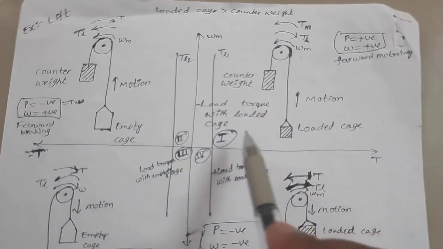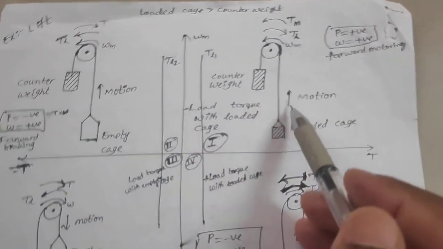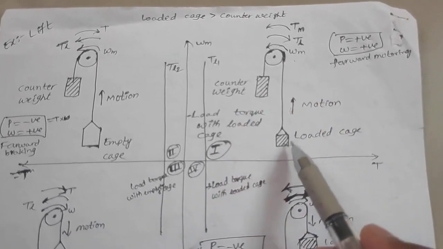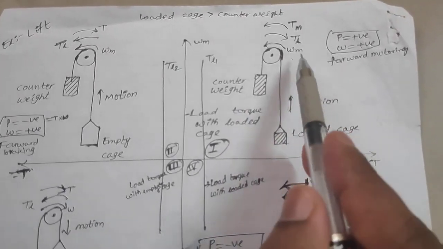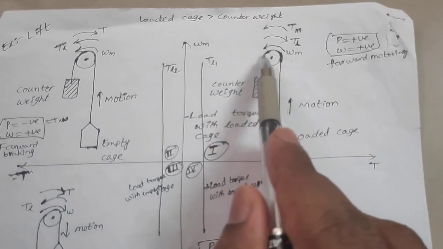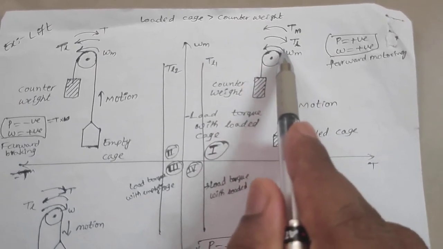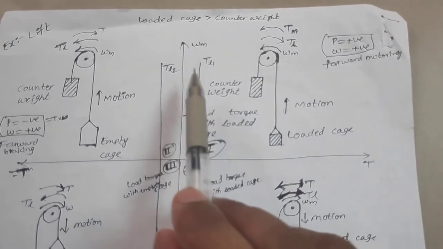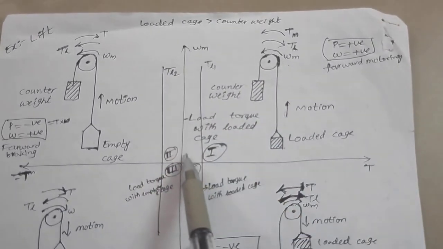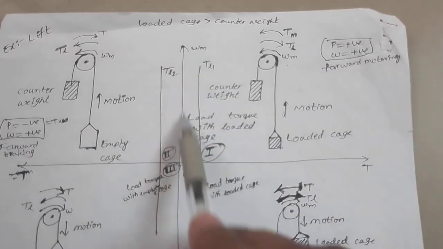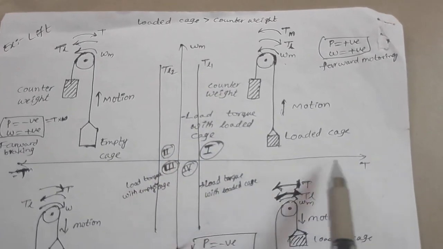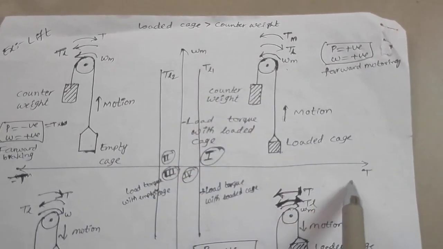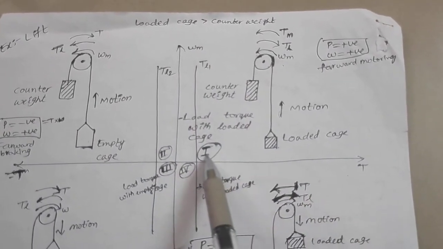Here the loaded cage needs to move in the upward direction, that's why the speed of the drive should be in the counterclockwise direction. So here speed is positive. We have assumed speed is the y-axis and torque is the x-axis. So positive speed and positive torque will come in the first quadrant.